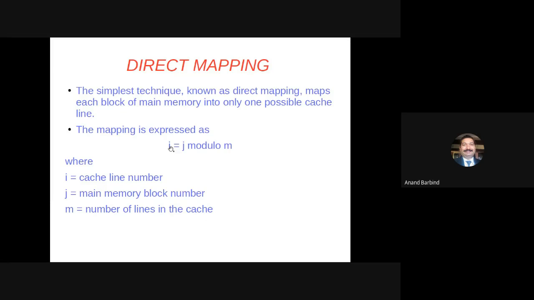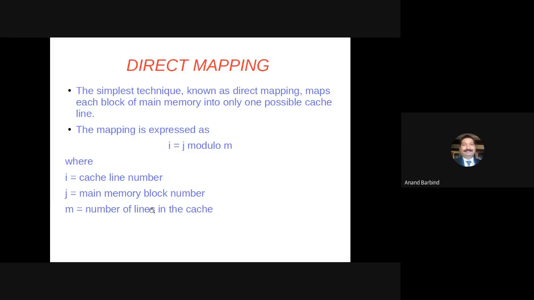Let us say, for example, there are 100 blocks in the main memory, and there are only 10 lines in the cache memory.